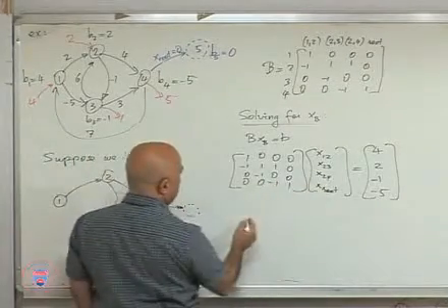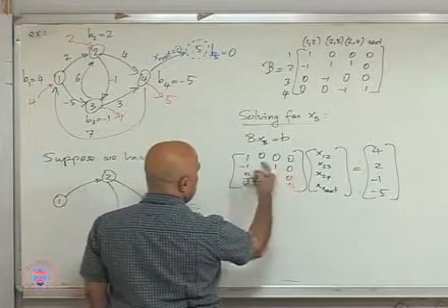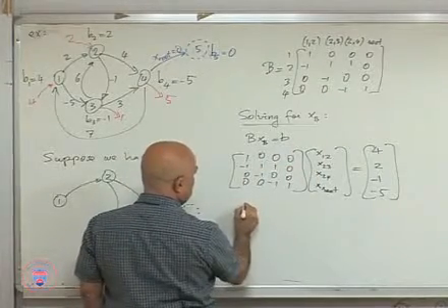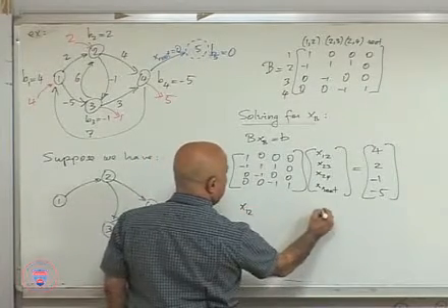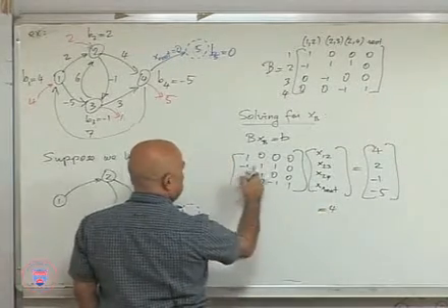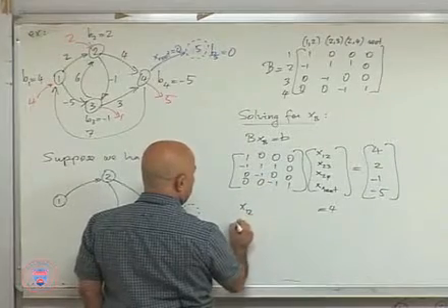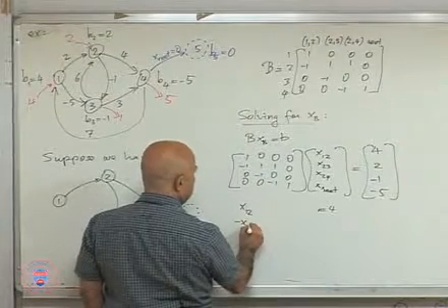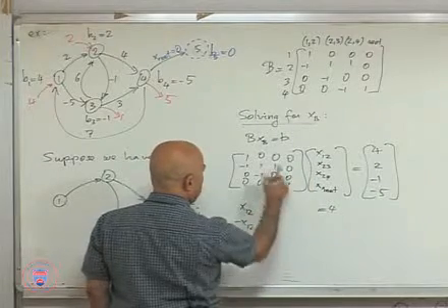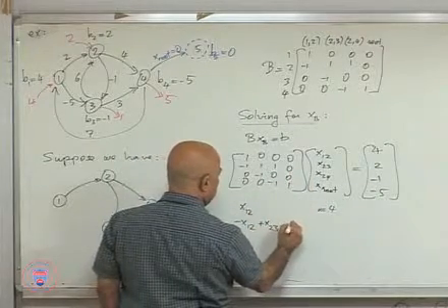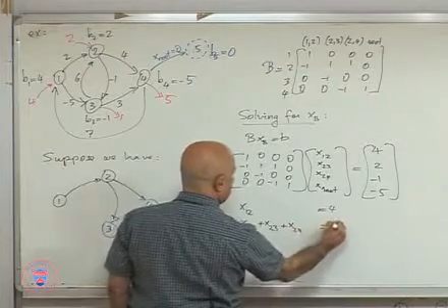Well, of course, if you write these equations down, what do you get? You get x12 equals 4. You got minus x12 plus x23 plus x24 equals 2.